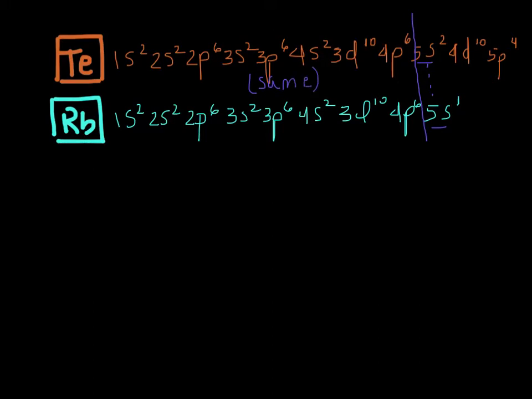How come? Well, the orbitals fill in the same order every time, so the lowest energy to the highest energy. There are some exceptions to everything, but generally speaking, this is the rule.